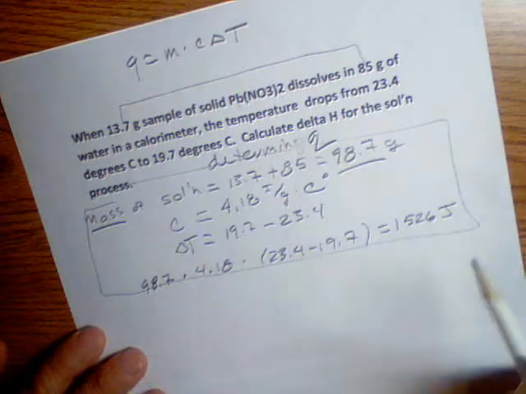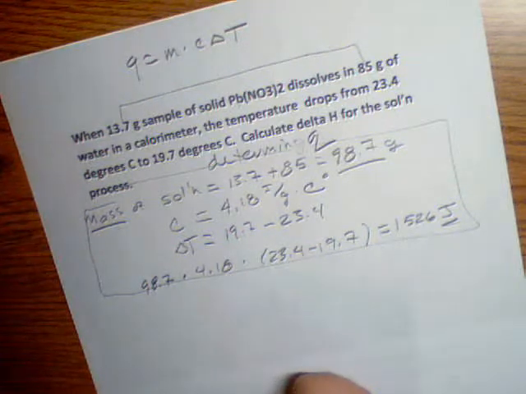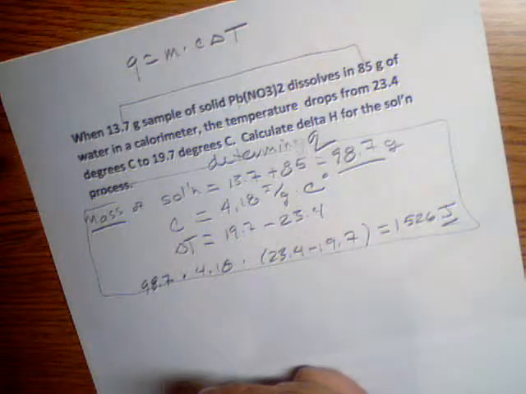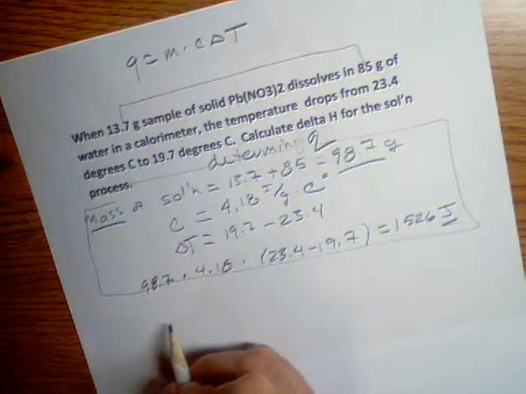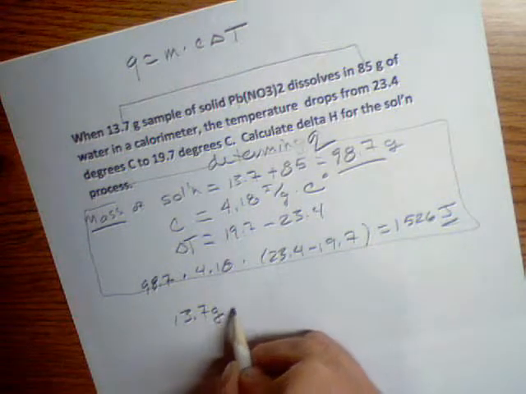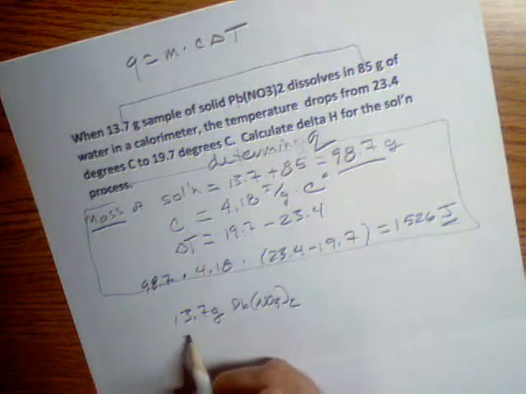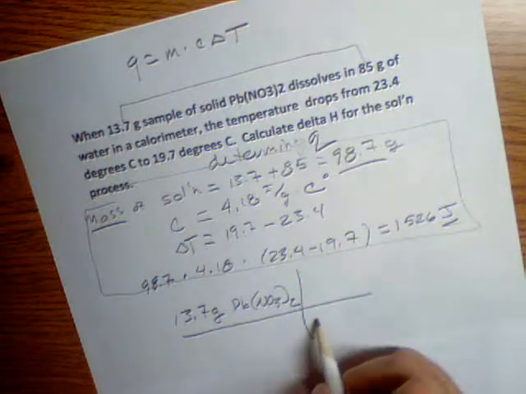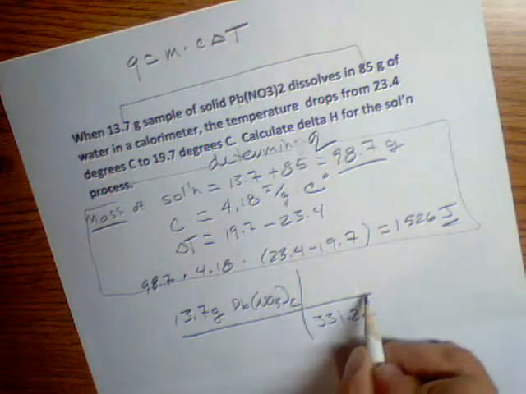Now that we have the joules, what we're going to do next is divide those joules by the moles. All right. So let's find the moles. 13.7 grams of lead nitrate, and we divide that by the gram formula mass. Gram formula mass is 331.2 grams.